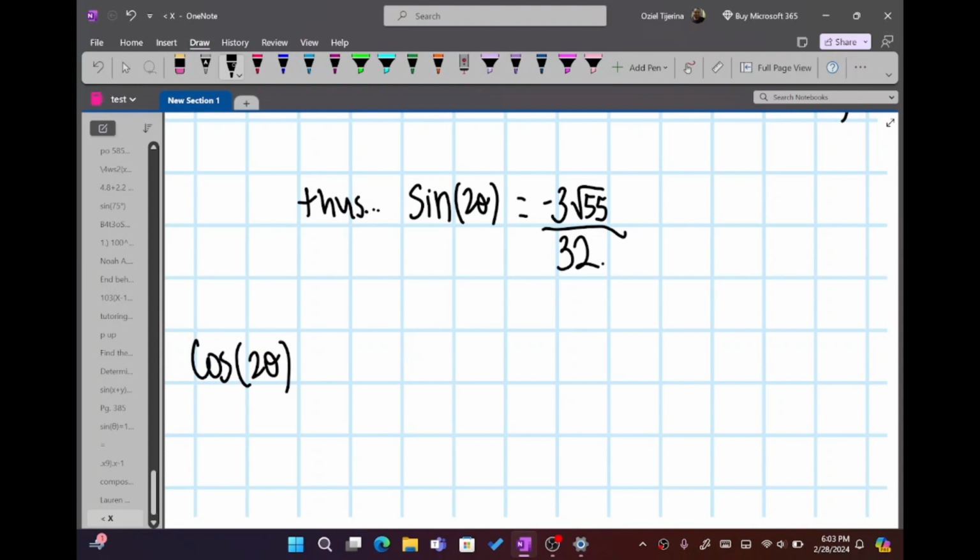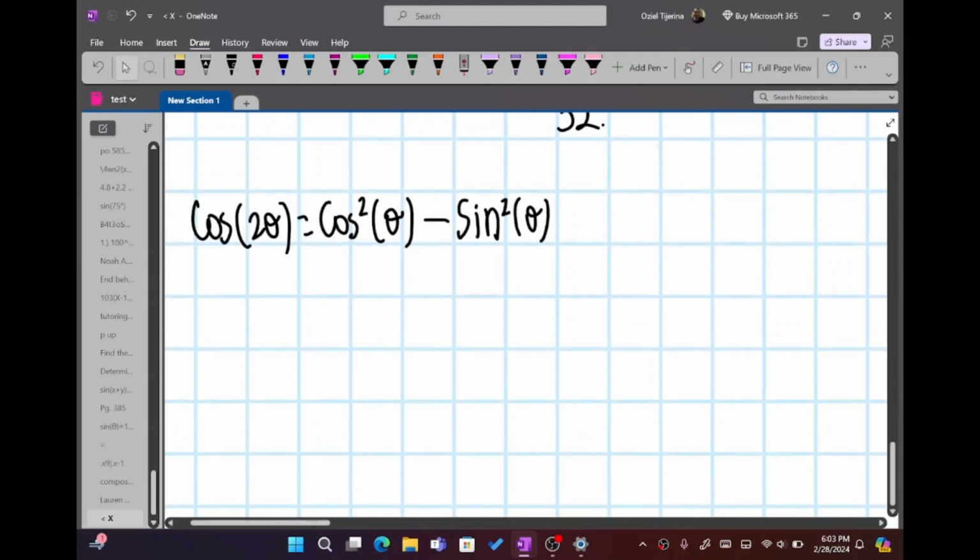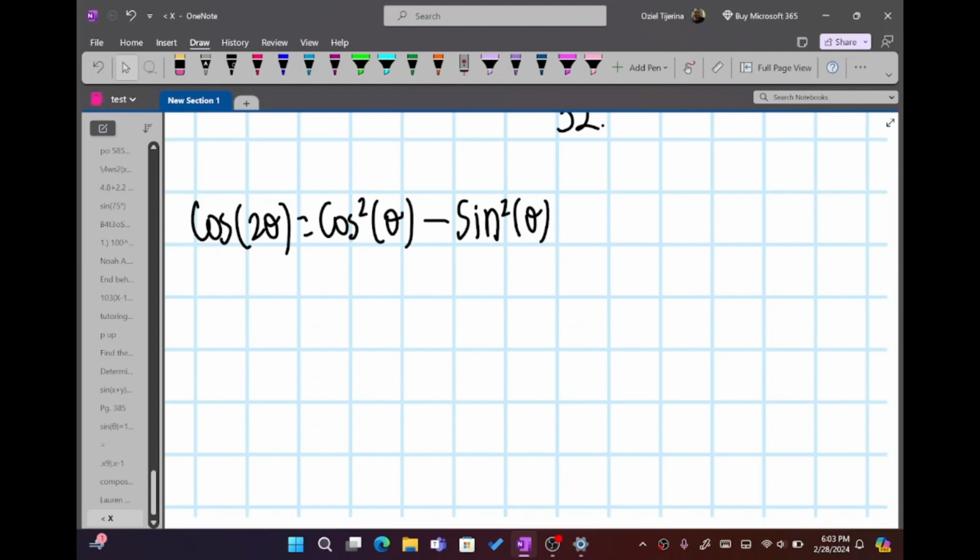Here, so then cosine of 2 theta, we know that from the double angle identities, it's this. For time purposes, I'm not really gonna define the other two identities. Actually, I'm just gonna write them down. Give me a second.